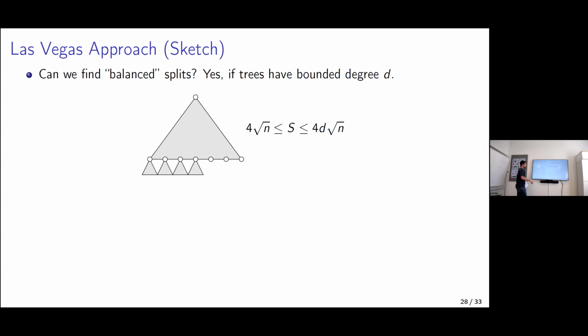And now if we try to attach subtrees of size square root of n, or 2 times square root of n, then we cannot attach too many of them, because otherwise we exceed the size of the tree. If we attach to 1/4 of the nodes a subtree of size 2 times square root of n, then we've reached n, which is the size of the tree. And this just means that a random node at this level will give you a balanced split of the tree.